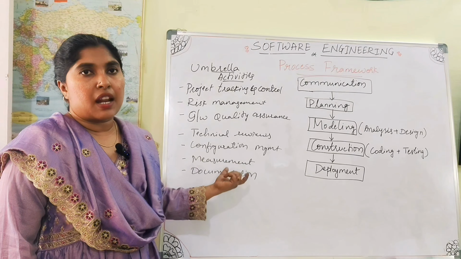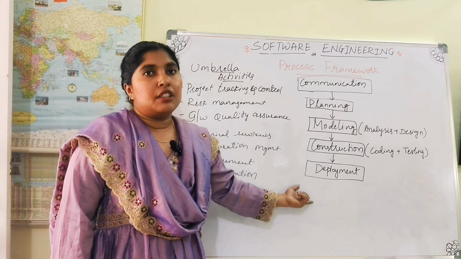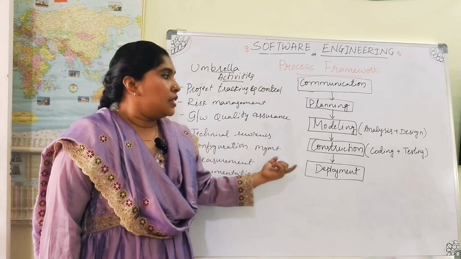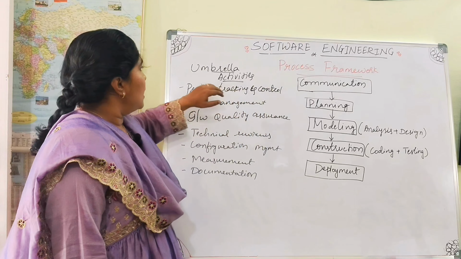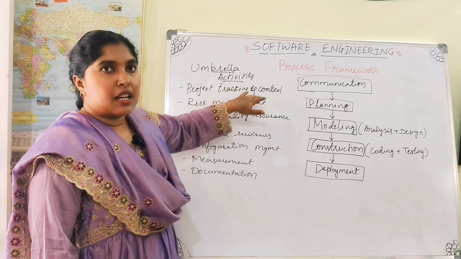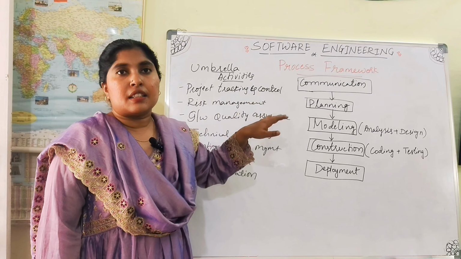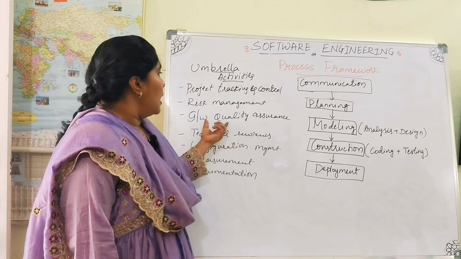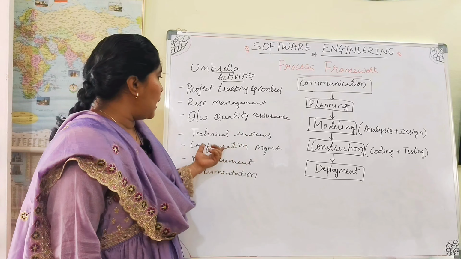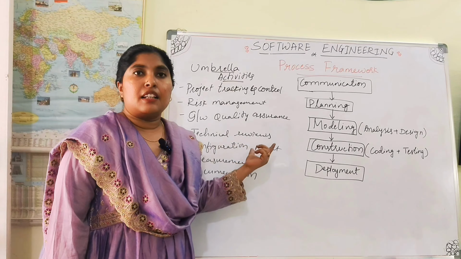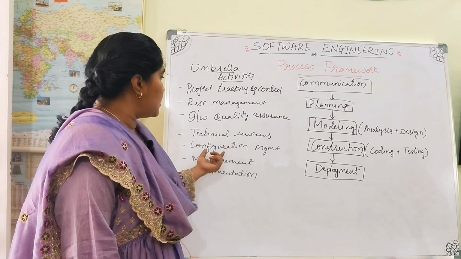Each quality control aspect needs to be incorporated in every activity of the project development. They go along with the five activities of the process framework. With project tracking and control, they should know whether they are lagging or leading. They should analyze the risk and manage it accordingly, and the quality of the software should not be compromised at any point of time. They take technical reviews so as to improve the software performance.